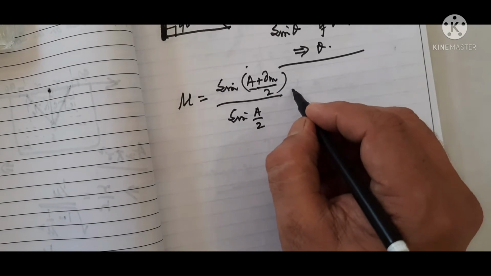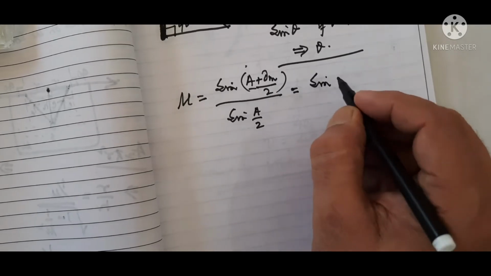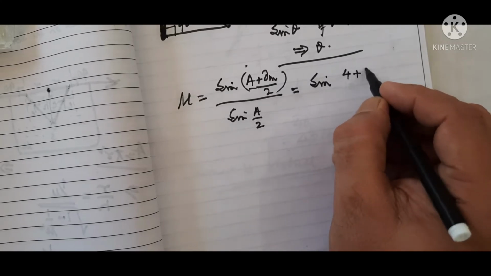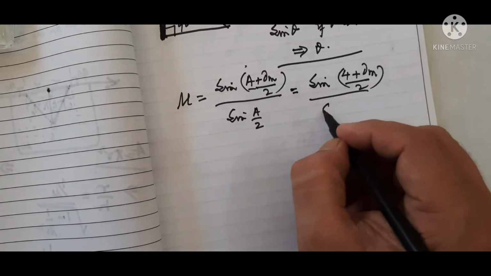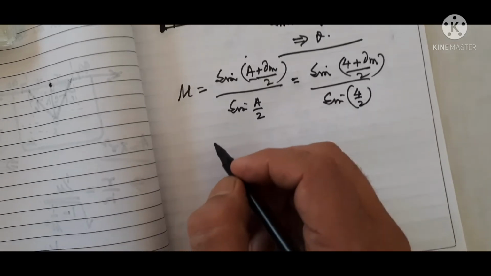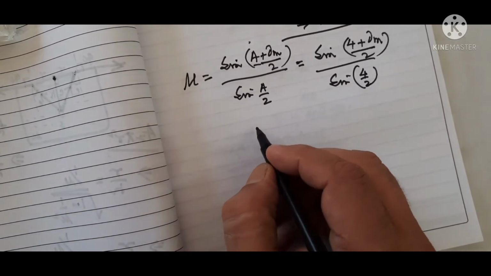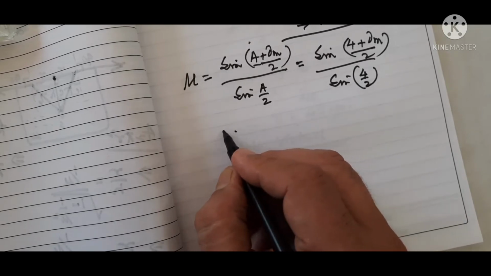So put the value: sine of (4 plus delta m) by 2, divided by sine of 4 by 2. Now you have to just calculate it and you will get it.